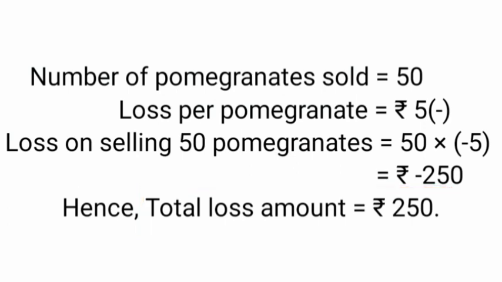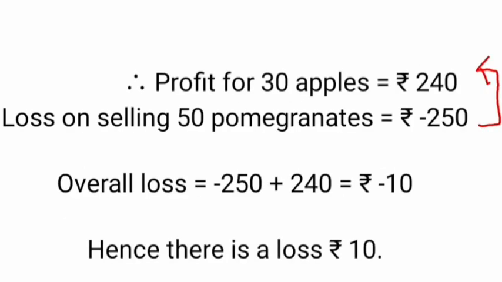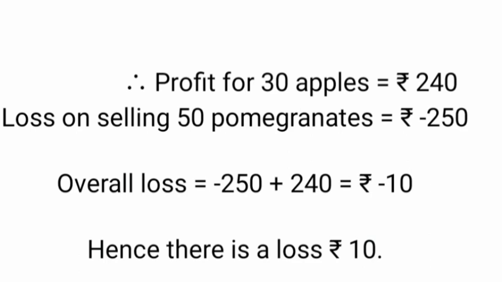To get the overall profit or loss, we should add the profit and the loss together. Here we find that when we add minus 250 plus 240, we get minus 10. Here this minus indicates loss on selling. Hence there is a loss of rupees 10 on selling the fruits.